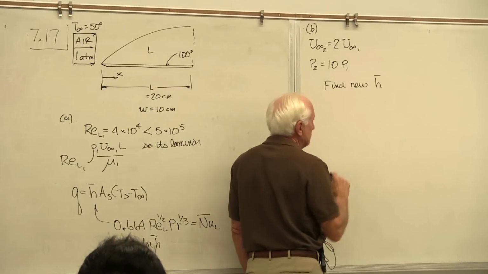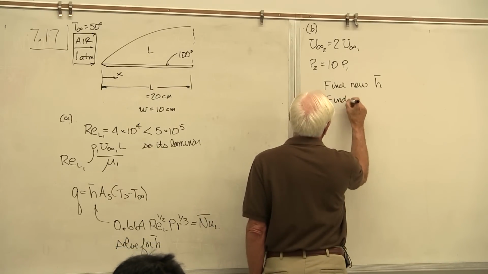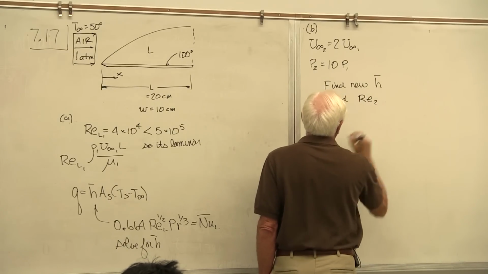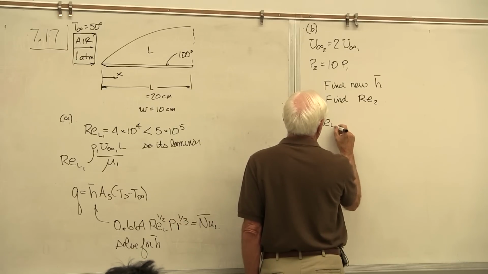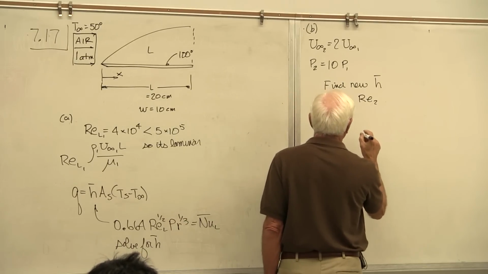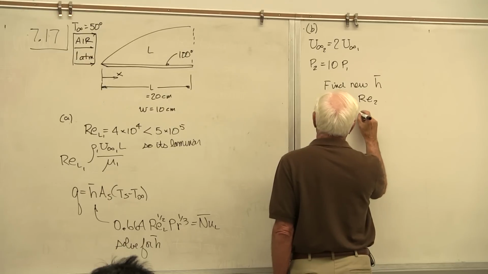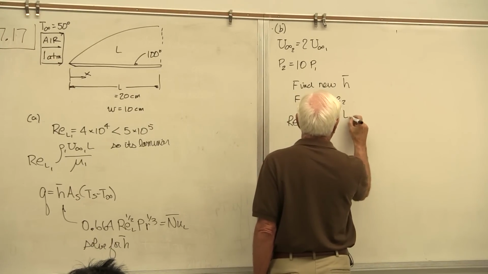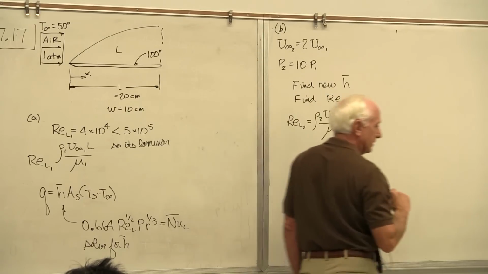All right, to find new h bar, these are all the steps you take. Find a new Reynolds number. Did the Reynolds number change? Okay, let's find out. Reynolds number 2 is equal to rho 2 U infinity 2 times L2 divided by mu 2. Okay, there it is.